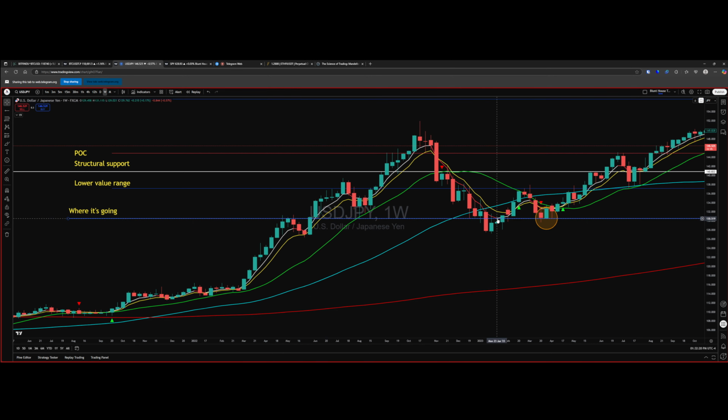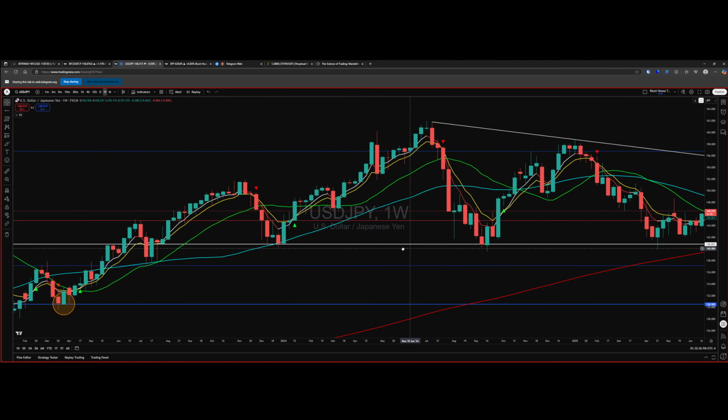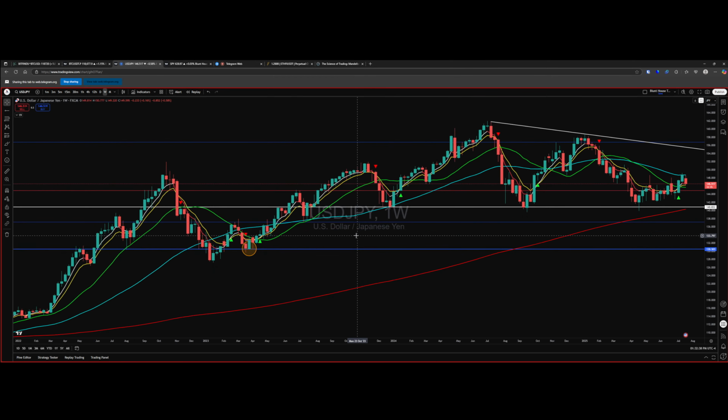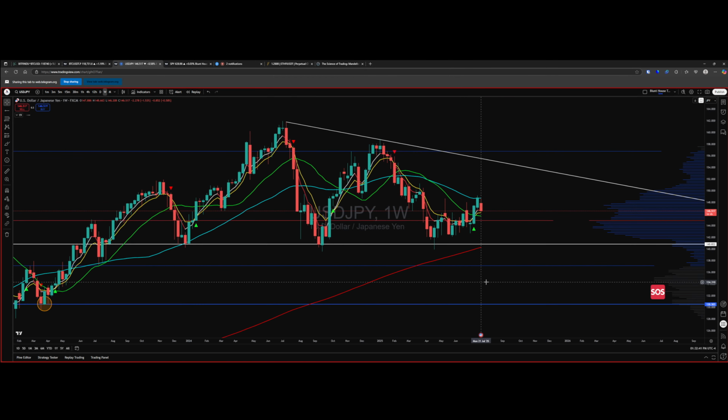Oh, lo and behold, it just so happens to hit the 5 EMA, which is something that will line up time and time again. And hey, there we go. More action there. So that's why this becomes a target. Right? That's it. It's just based on price.